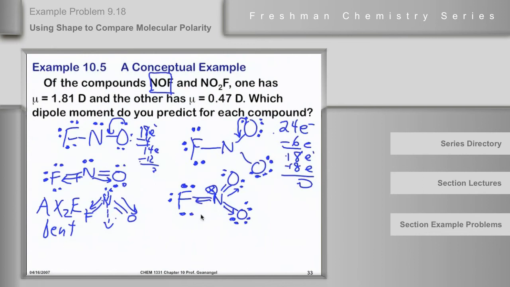What will be the shape of the molecule? What's the shape of this guy? What's the shape class? AX3. And that means trigonal planar.